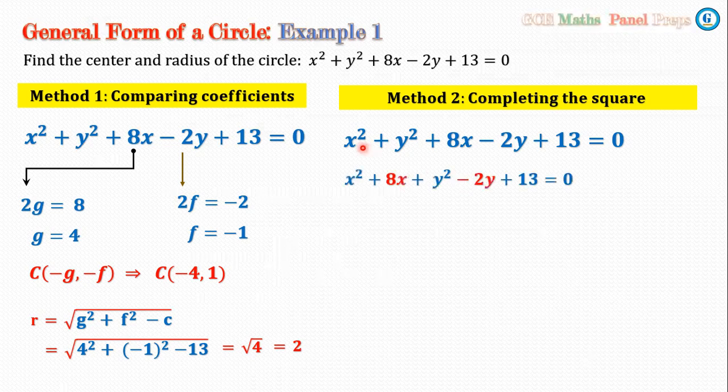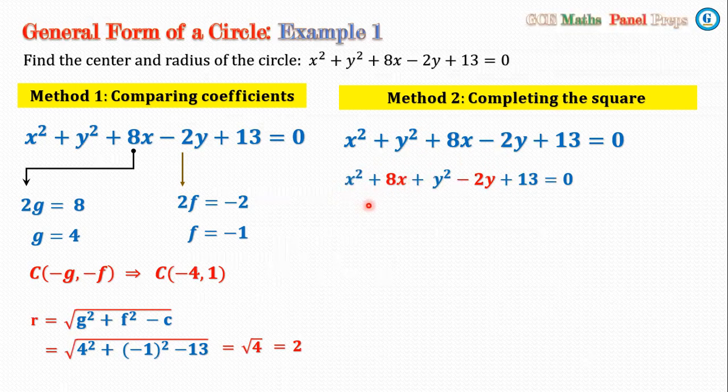So from here, I can identify that x squared plus 8x can be brought together like this. I bring these terms together. They have y squared minus 2y, and then this is 13. I can identify the squares from here and do rearrangements.